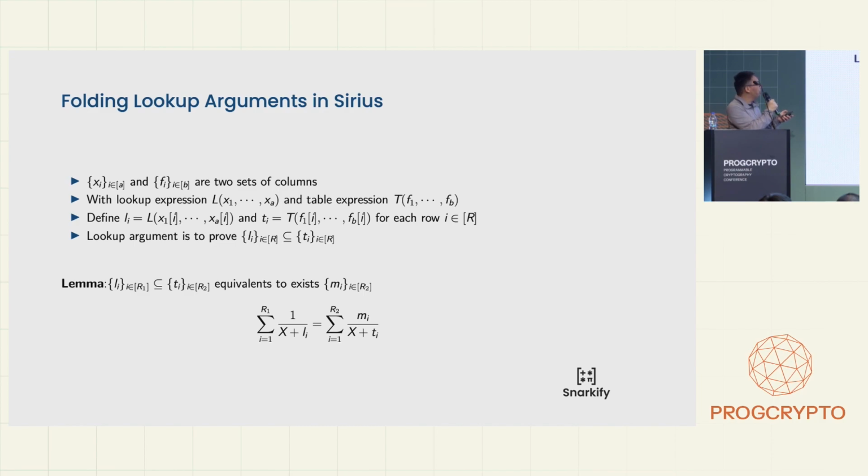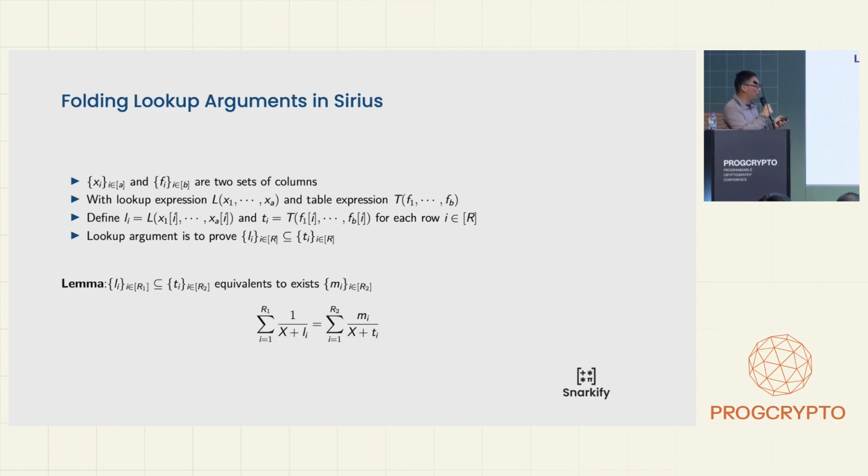So given this lookup and table expression, you can evaluate row by row to get the lookup vector L_i and the table vector T_i. The lookup argument is trying to prove that the set of L_i is a subset of T_i. And as you're already familiar, we can use the log derivative to convert this problem into this algebraic relation.